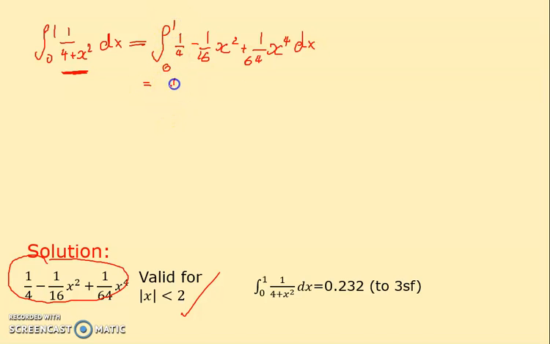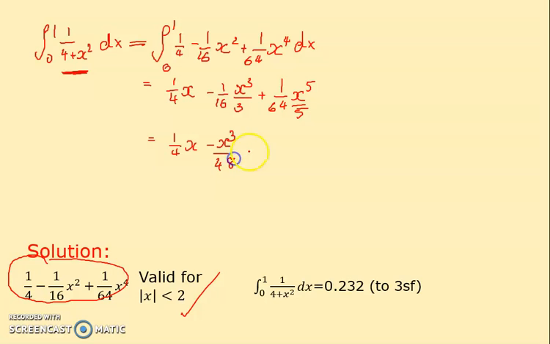So if I integrate it, you remember the rule, add a power, divide by the new power. 16th over x cubed over 3 plus a 64th x to the 5 over 5. And if I do that, I reckon it's a quarter x minus x cubed over 48 plus x to the 5.